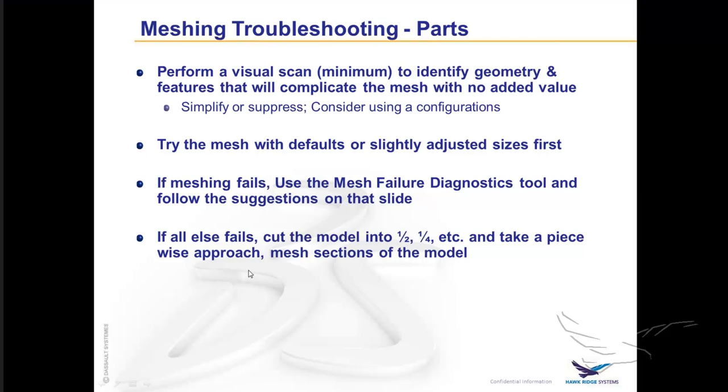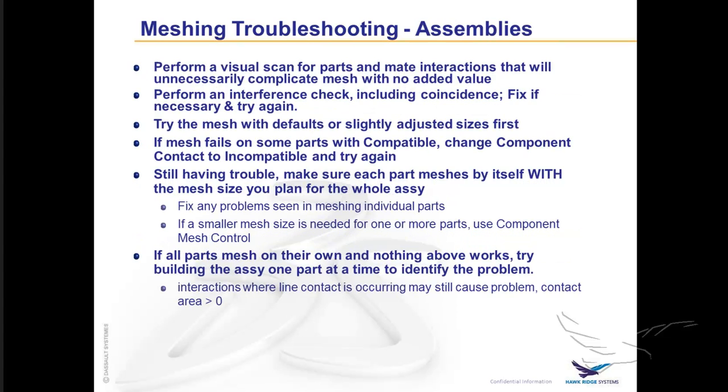So just a summary of the troubleshooting tips. Again, inspect your model, perform a visual scan, and try a mesh with the default element size or slightly adjusted element sizes first. If it fails, use the diagnostics tools, the check geometry tools, and take an iterative approach. If all else fails, then cut the model into a half, a quarter, and take a piecewise approach to the problem. And for assemblies, similarly, you can perform a visual scan for parts.